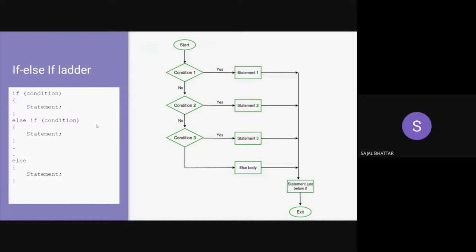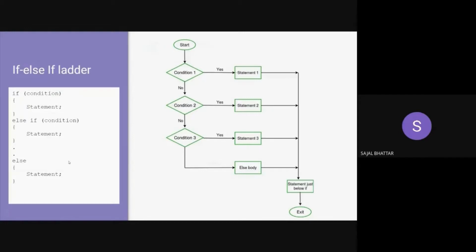This is what an if else if ladder is like. First, the if condition is checked, and if that statement is false, it will go to the else if condition, and if that condition is also false, it will go to the else statement.